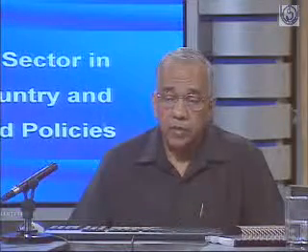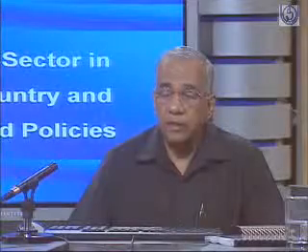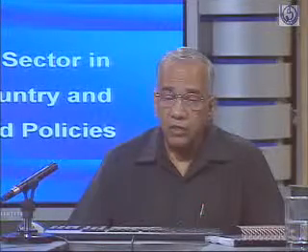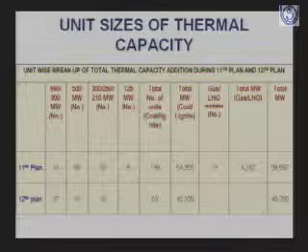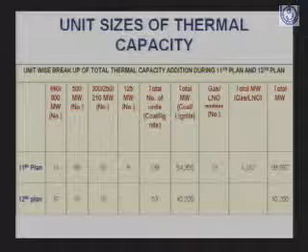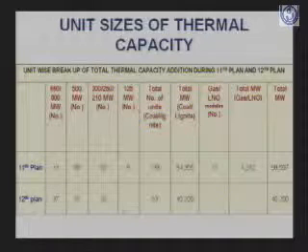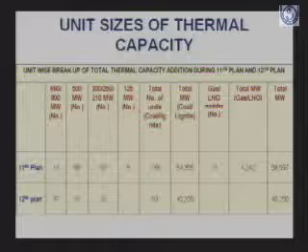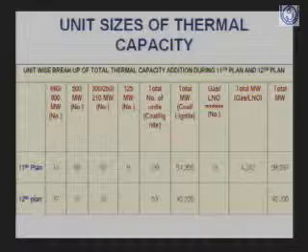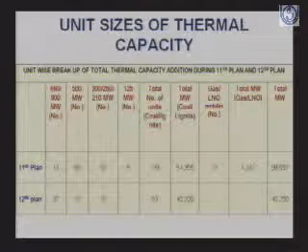Now here you can see the unit sizes of the thermal capacity in the 11th plan and 12th plan. Now we have our 11th plan, these 5 years, which will come to an end in the year 11-12. The 12th plan would be the next 5 years, which come to an end in 16-17.